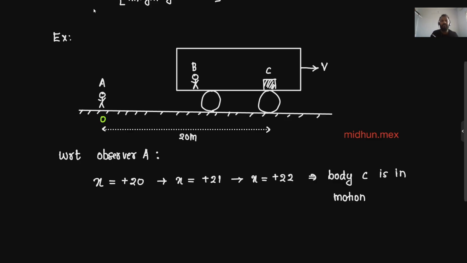But one more thing you should say, it is with respect to which observer? A. That is the importance. A is looking at C, so A will feel C is moving away, it is already in motion.